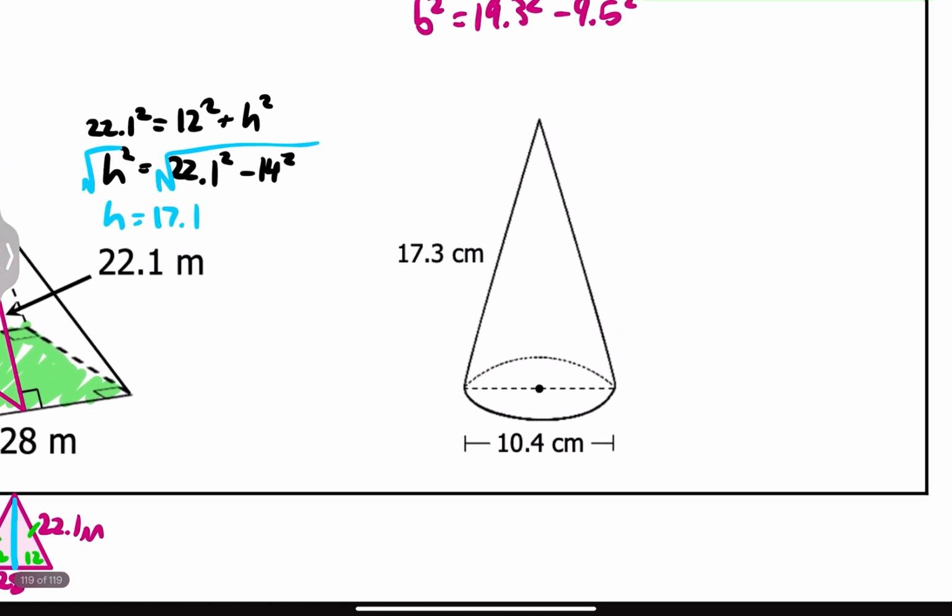Last type of question is with the cone. So we're still going to have our volume equals 1/3 pi r squared h. We have our base face, which is the circle over here.